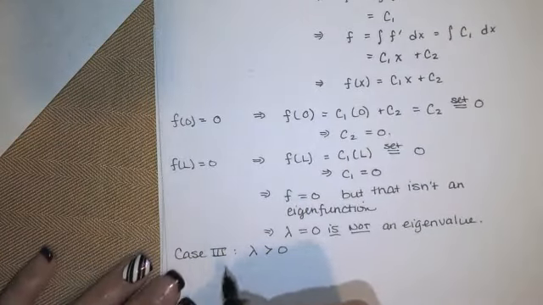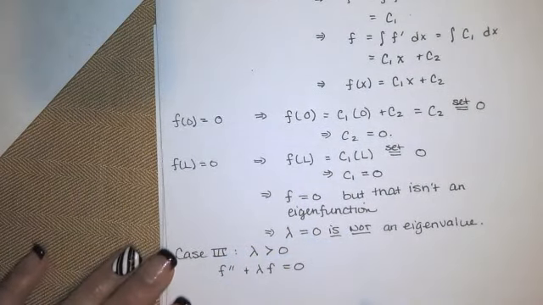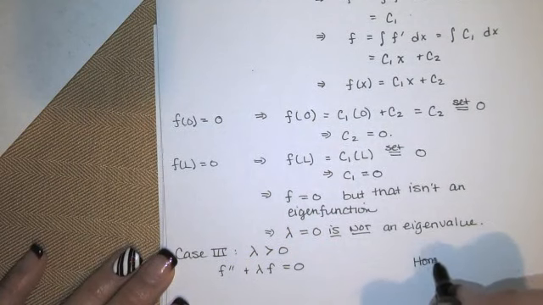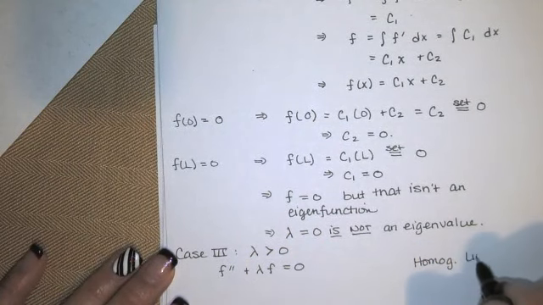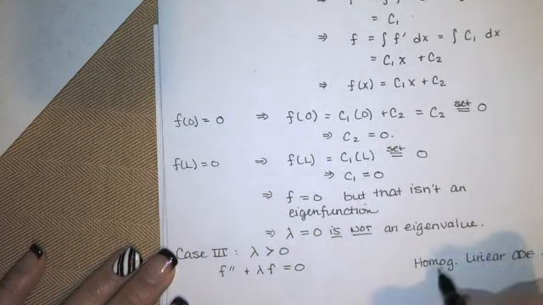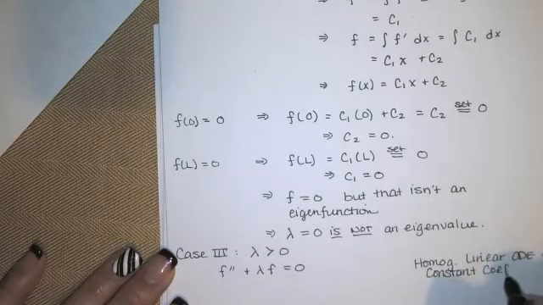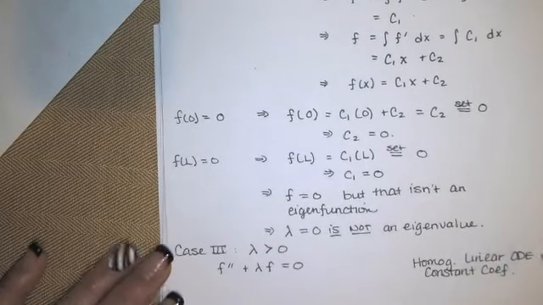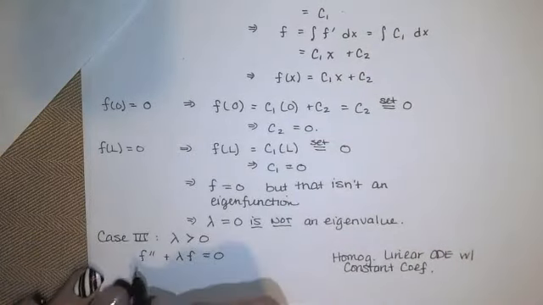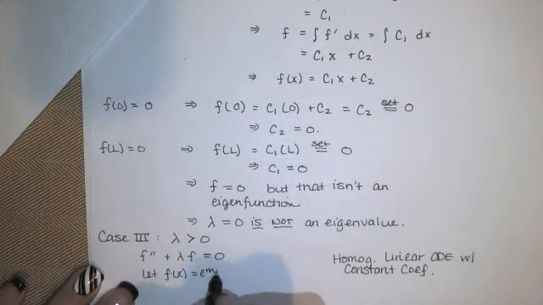So let's see what happens when lambda is strictly positive and see what the eigenvalues and eigenfunctions look like. Okay, so we're dealing with f double prime plus lambda f equals 0. That is a homogeneous, linear, ordinary differential equation with constant coefficients. Now remember from your ordinary differential equations class, to solve that, we let f of x equal e to the mx.